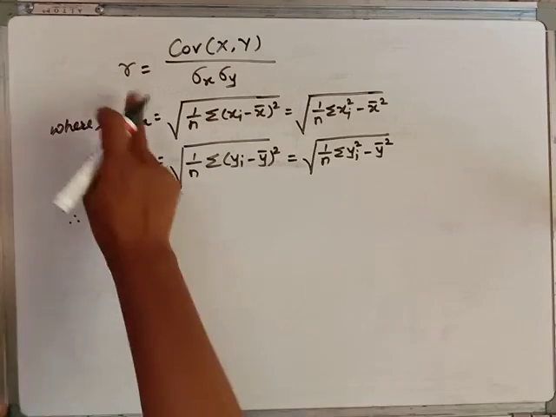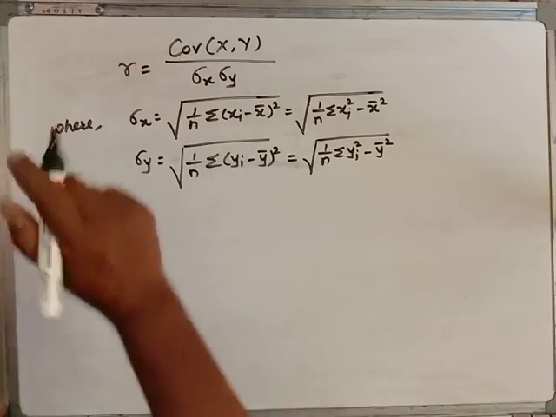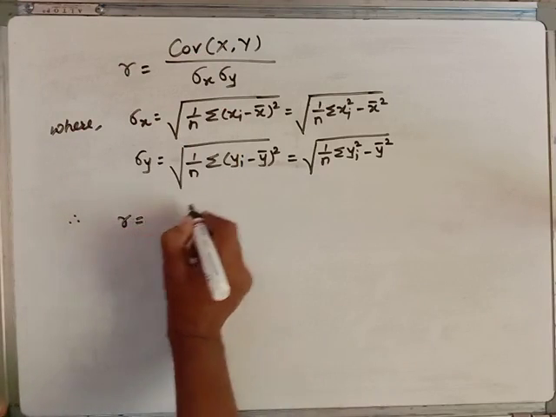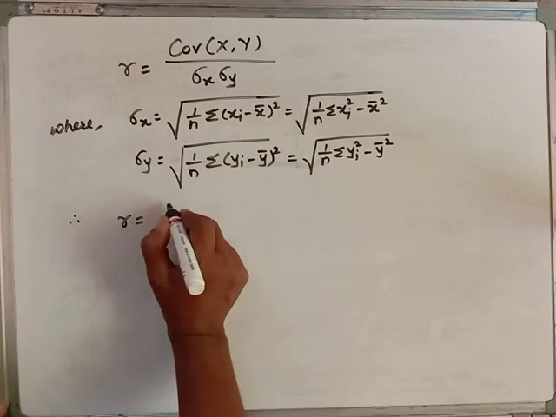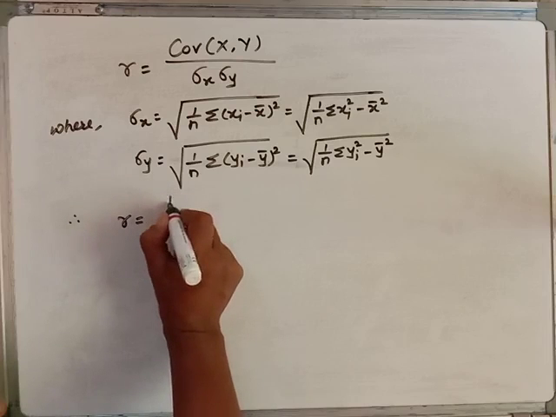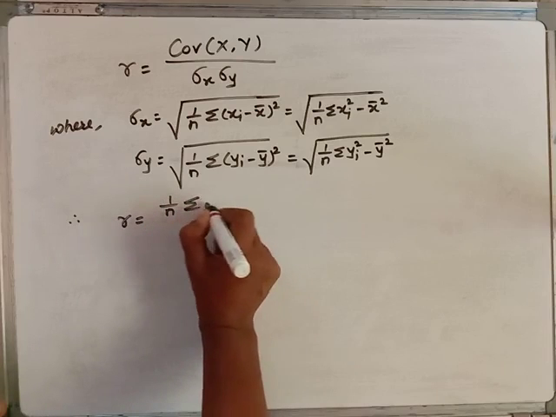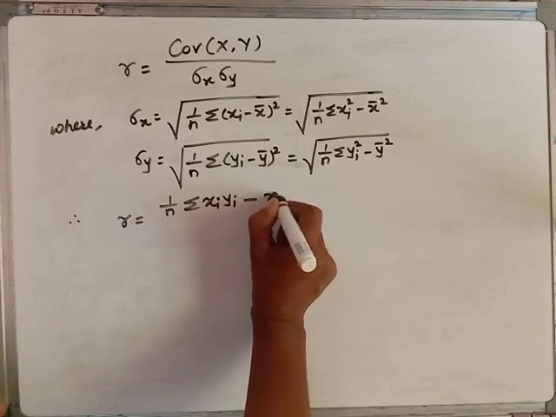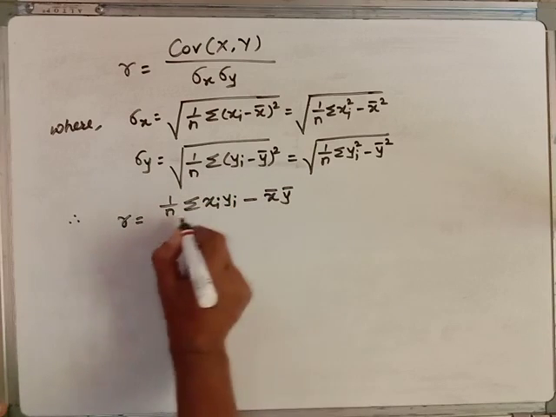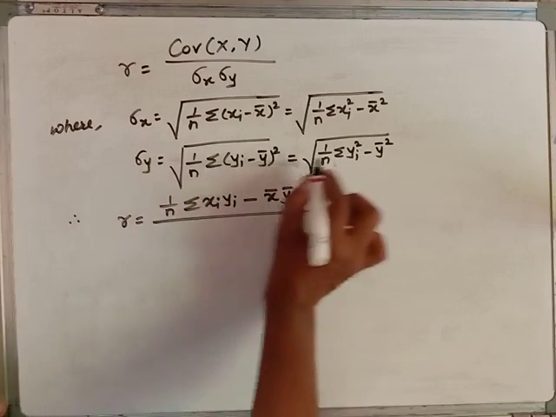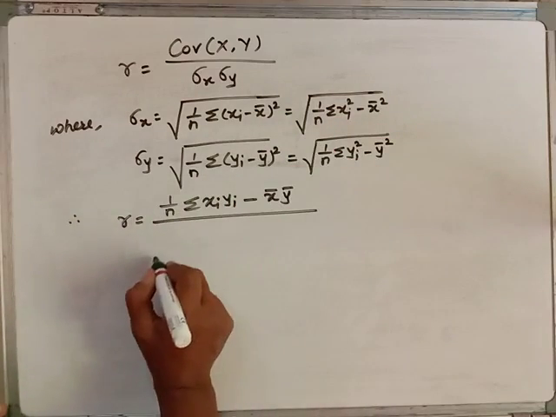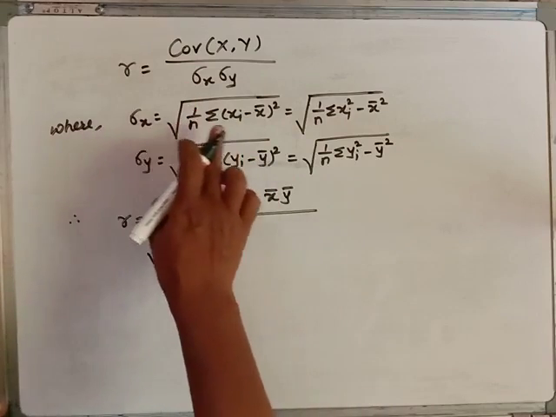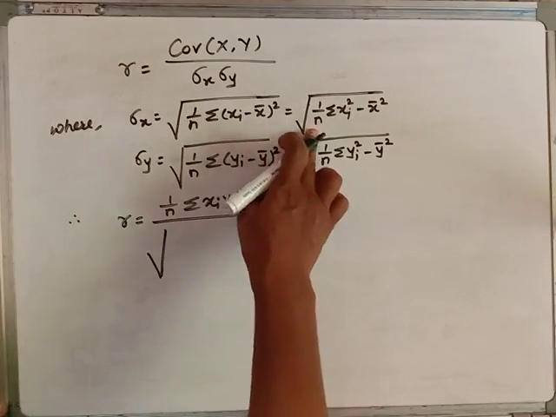Therefore, what does R become? Now let me put the result of covariance also. R is equal to 1 upon n summation xi yi minus x bar y bar upon these results we can put. So it is square root sigma x into sigma y.